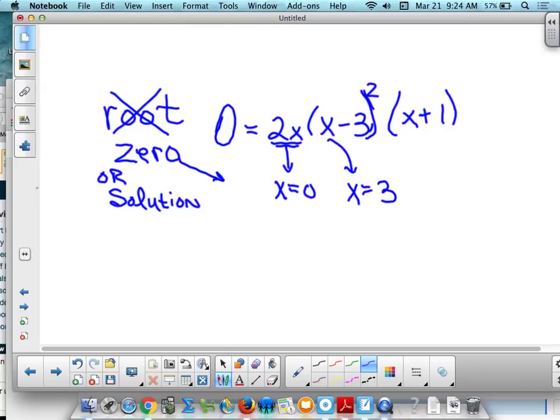X equals 3. So there are your zeros or your solutions. Then they talked about multiple zeros. There's one 0 up here that happens more than once. Which 0 happened more than once?